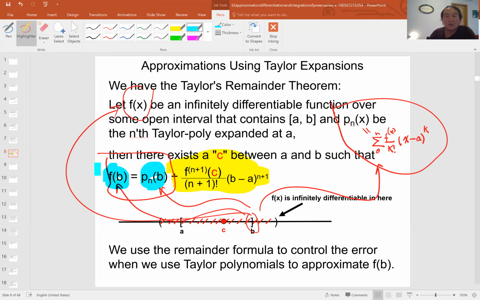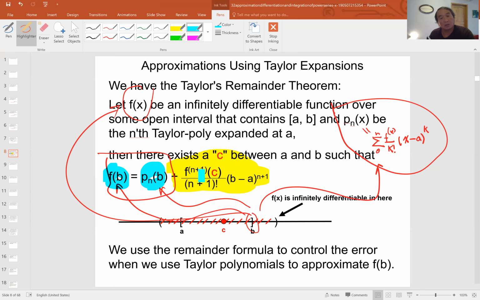The higher the degree, the smaller the yellow part is. That's the error, because the higher the degree of the polynomial we use, the better the approximation, and the yellow part is the tail end, the error terms that we didn't use.